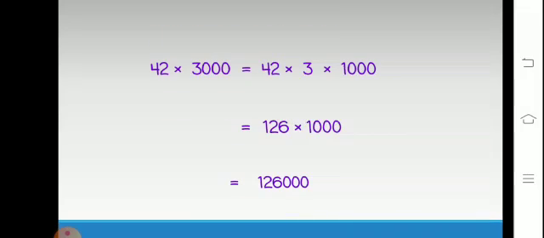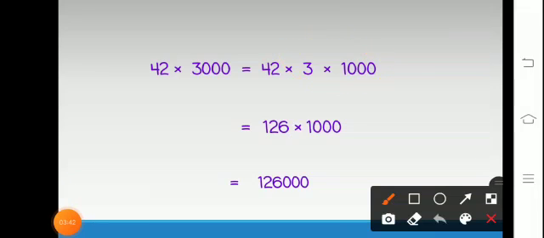Another example: you want to multiply 42 with 3000. Now again split 3000, and you have 3 multiplied by 1000. Now just multiply 42 and 3, so you get 126, with 1000 as it is.